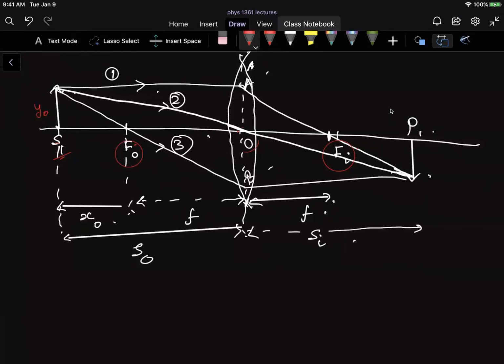And similarly, you also see that we can draw a couple other dimensions and distances over here, which I want to tell you about the sign convention for. The distance between the focal length and the object is called XO. As you can see on this drawing, XO is the distance between the object and the focal point. And similarly, XI.